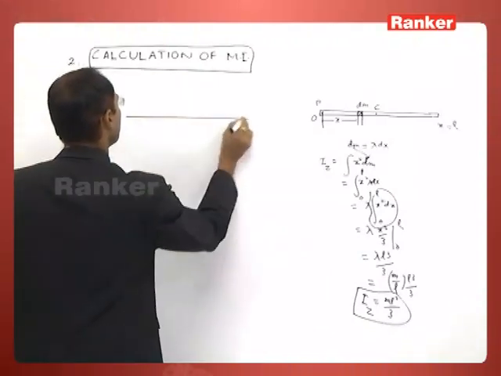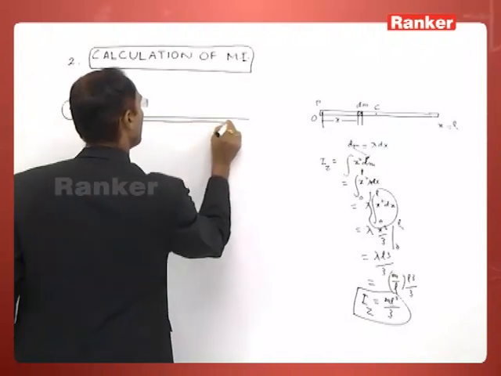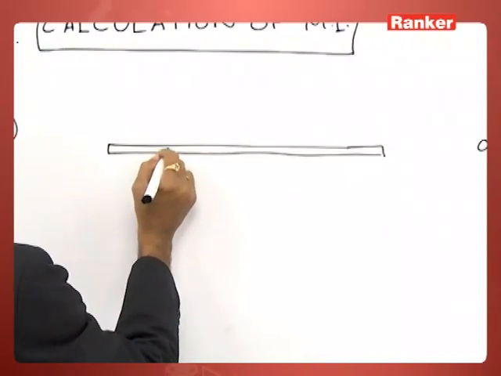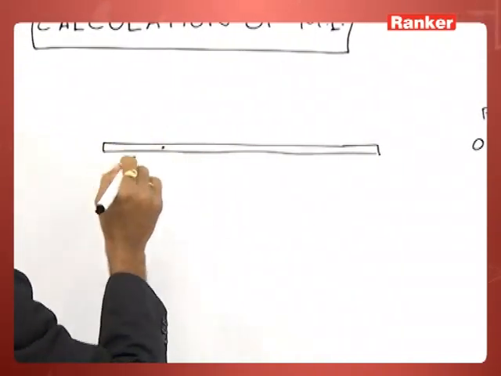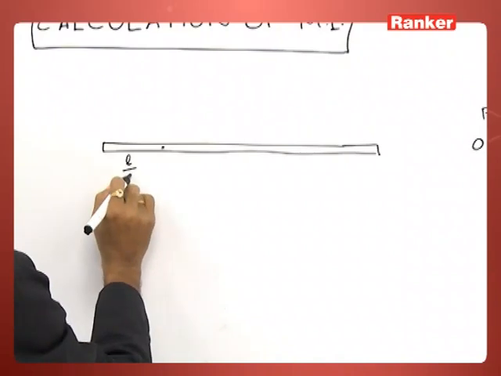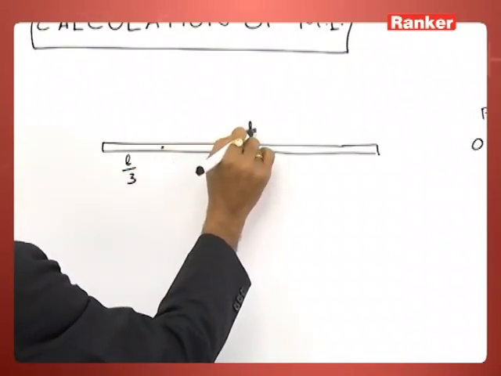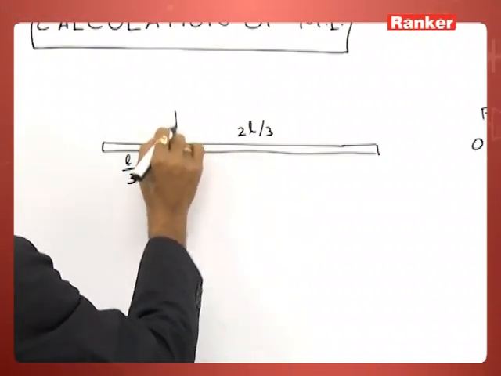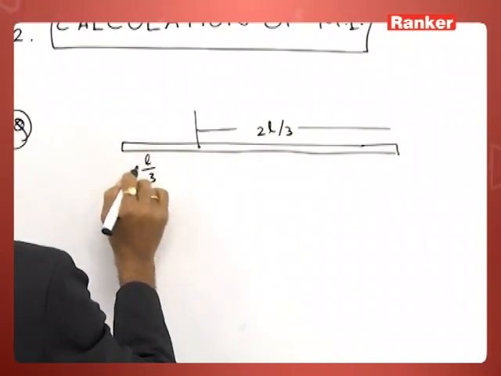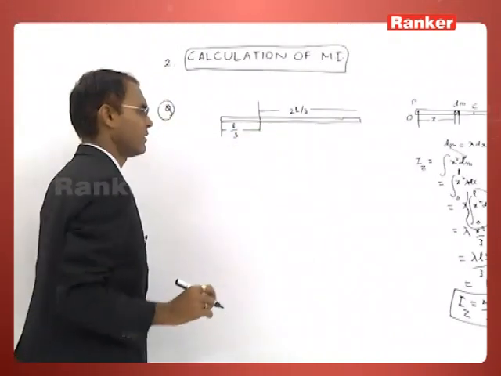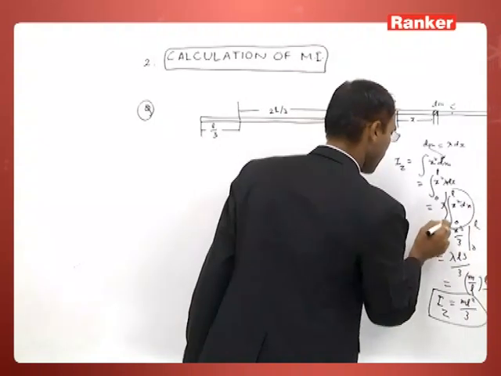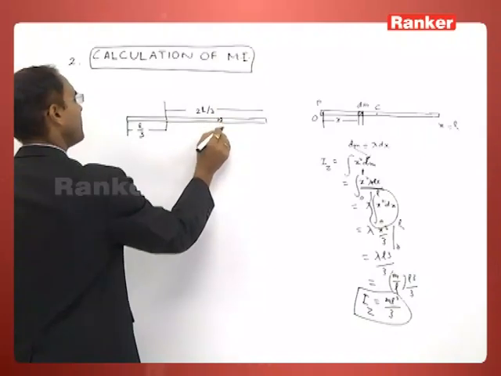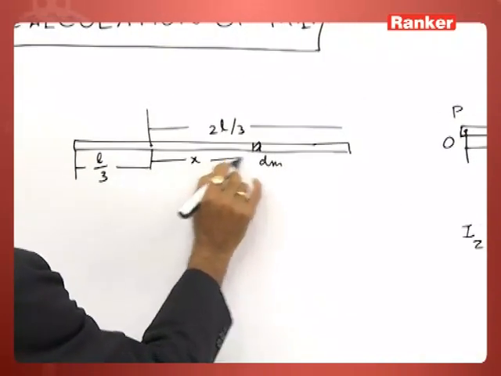Sometimes you take the rod and they will give the axis here, z axis. This is L by 3, this is 2L by 3. Up to this expression you are getting. Take small segment dm at a distance of x.